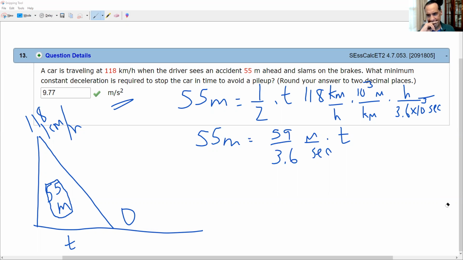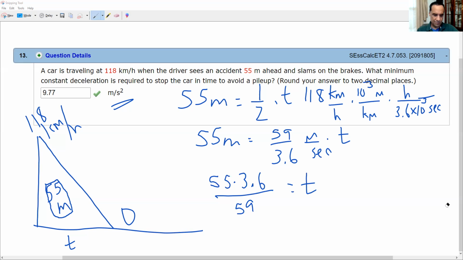I'm going to solve this algebraically. I'll get 55 times 3.6 over 59 meters, and that's going to be t. When I do the division, the meters are going to cancel out and I'm going to be left with seconds. So that's my expression for seconds.